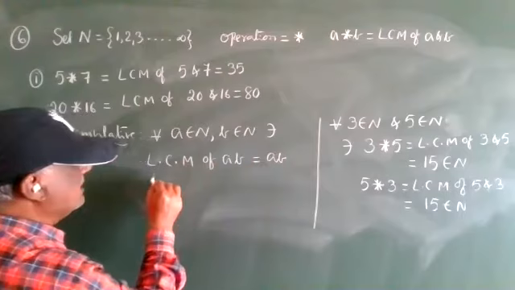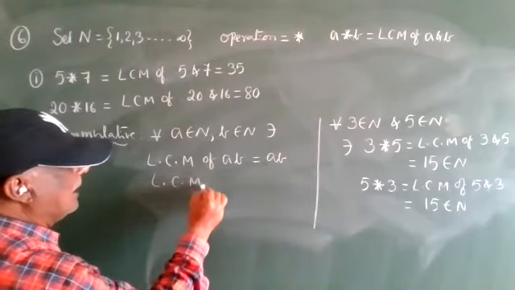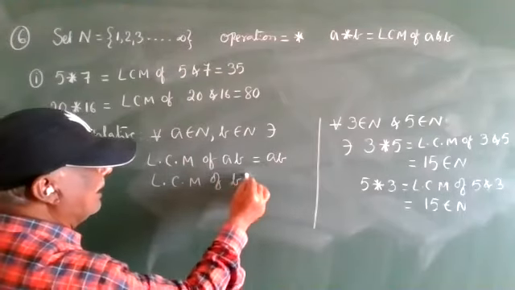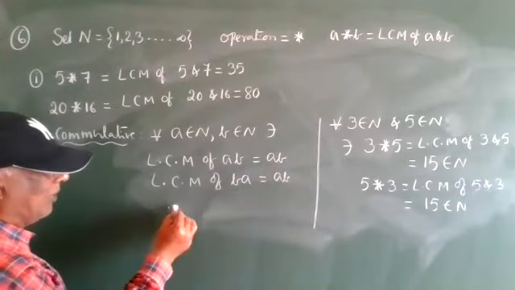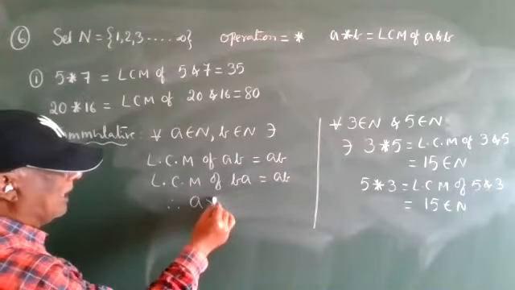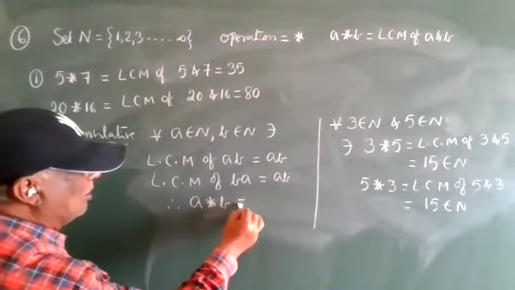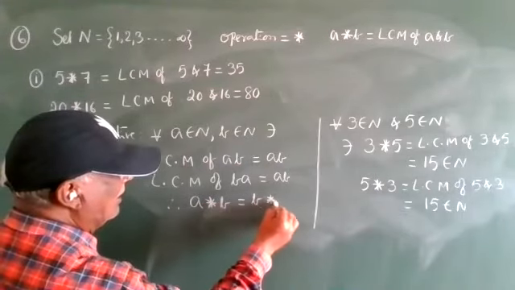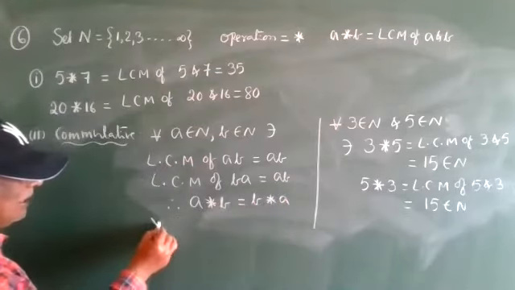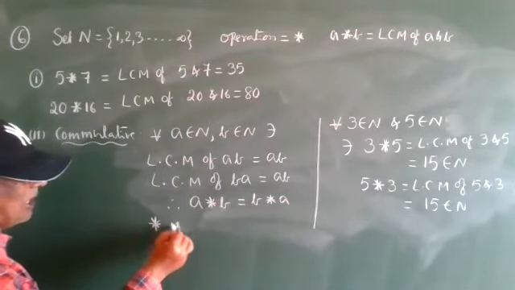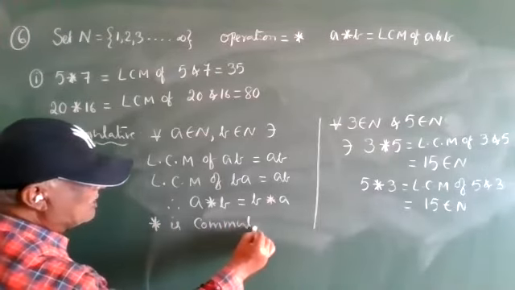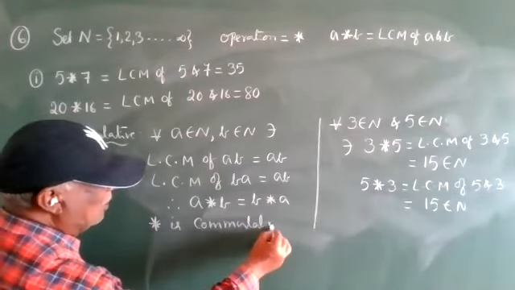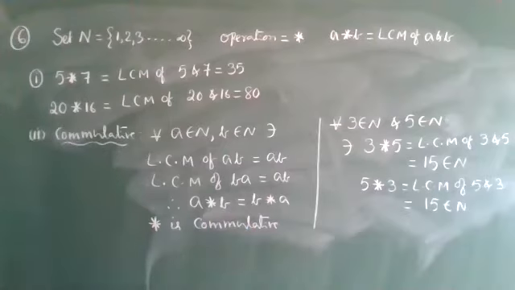Next, LCM of BA is also AB. Therefore, A star B is equal to B star A. So the star operation is commutative. Right, finish everyone.